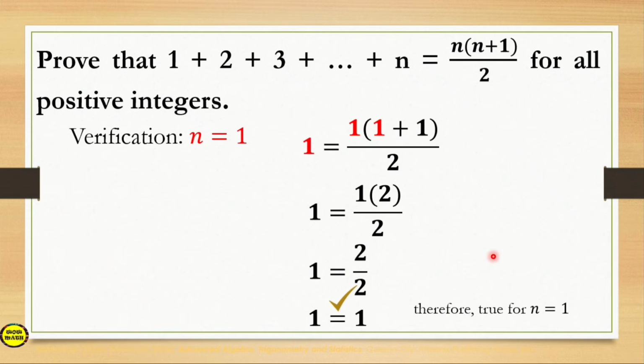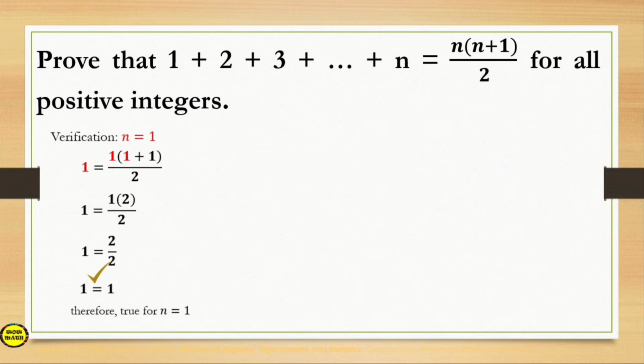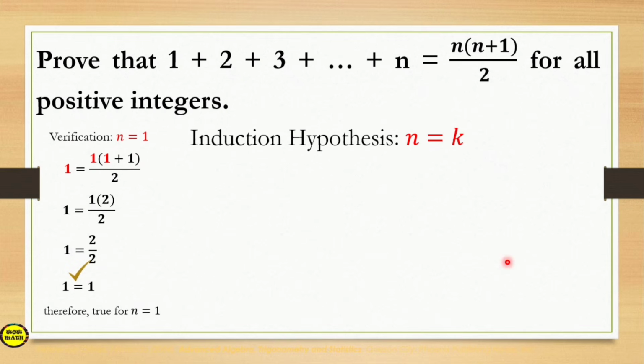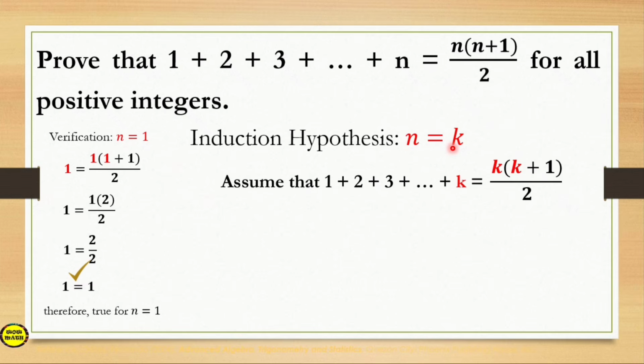Next, after natin ma-verify na true siya for n is equal to 1, the next step ay tinatawag nating induction hypothesis, kung saan i-assume natin that n is equal to k for all positive integers. So, ibig sabihin, papalitan natin yung n natin ng k. Ganun din sa right side ng equation, papalitan natin ng k yung mga n natin.